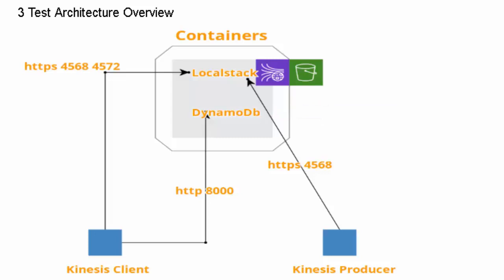The Kinesis Producer library, which we use to create our producer, mandates HTTPS. This means we need some additional environment variables in our Localstack environment to allow TLS, or Secure Transport Layer. The connection for the Kinesis client to DynamoDB does not require HTTPS, so it can just run on HTTP.